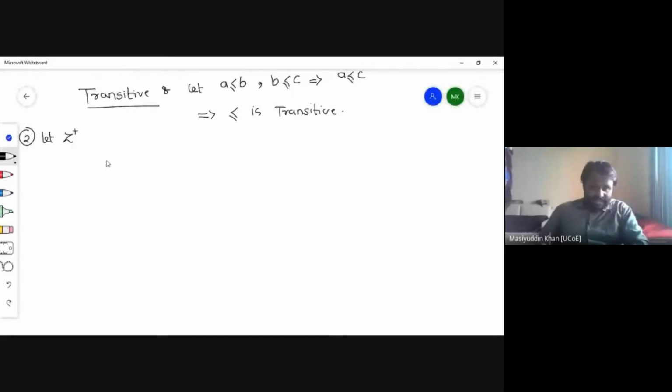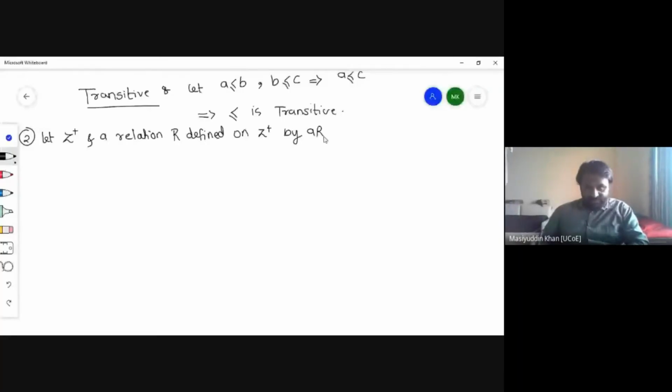So Z plus is a set of positive integers and a relation R is defined on Z plus by a related to b if and only if a divides b.